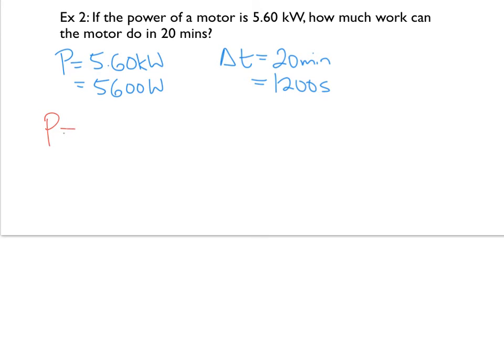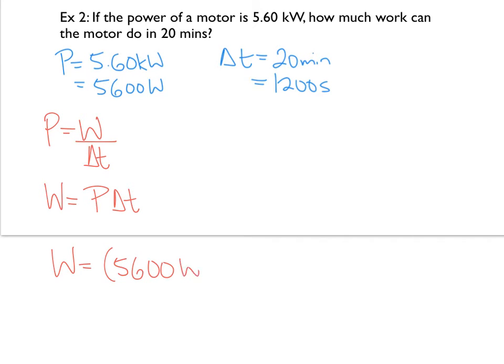So we're looking for work this time. So obviously we're going to use work instead of energy. So power is equal to work divided by delta T. And let's solve for work. So cross multiplying, we know that work is going to be power times delta T. And now we can just sub in our values. So your power, remember to work in watts and seconds.